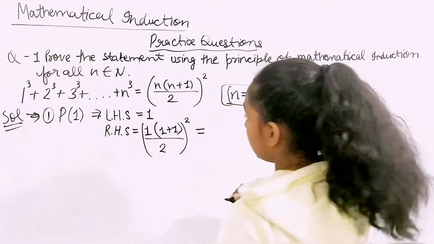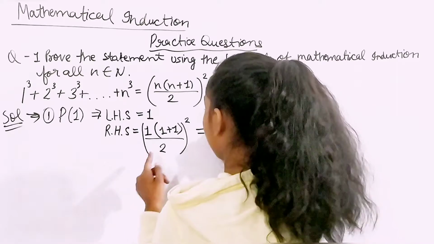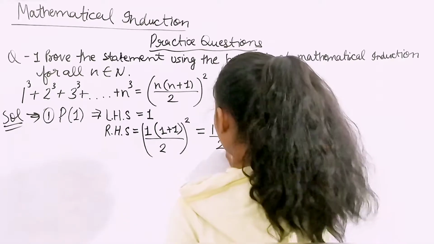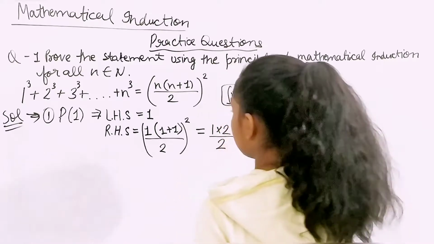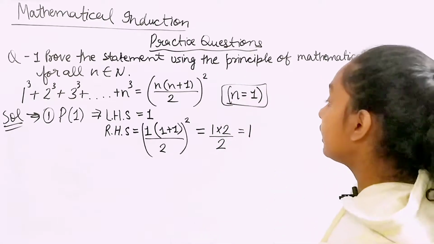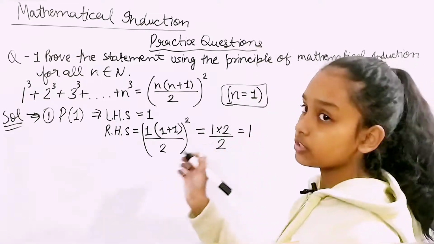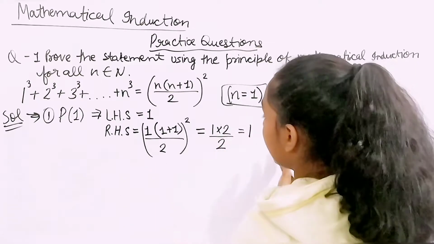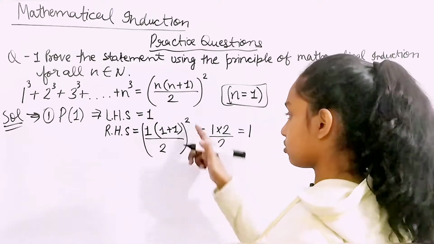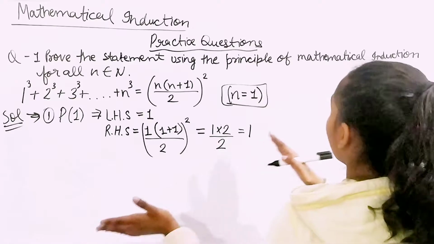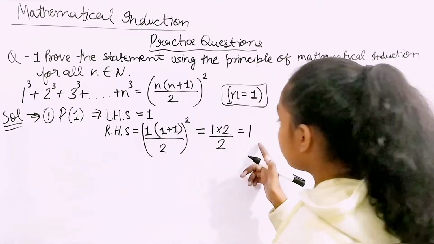Which is going to be 1 plus 1 is 2, and 1 into 2 upon 2 is 1, and 1 squared is of course 1. I directly wrote the answer.